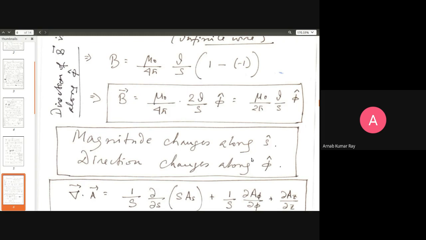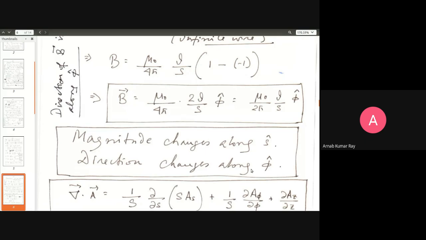Magnitude goes, electric field goes as 1 upon R squared. This is inversely proportional to R squared, inverse square formula. But the direction continues to be along the R vector, R cap, Q divided by 4 pi epsilon naught R squared, R cap.